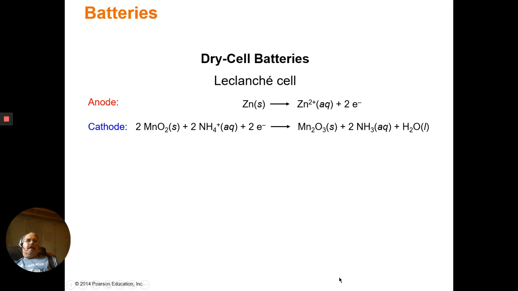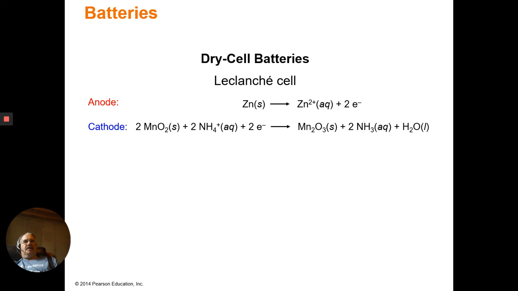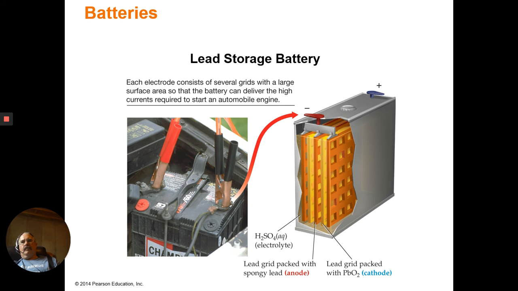Okay, so an alternator uses mechanical energy to convert to electrical energy, and then that electrical energy drives the non-spontaneous reaction of recharging the battery. Okay, so now we have an electrolytic cell when the battery is being recharged.